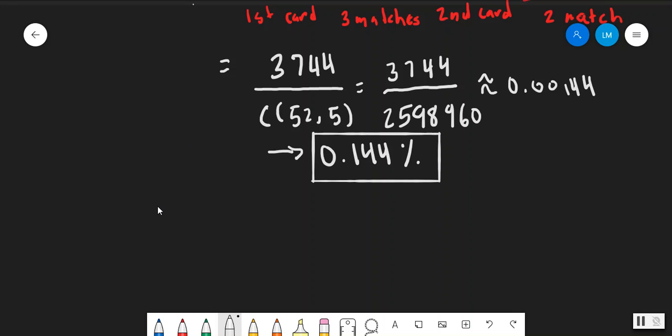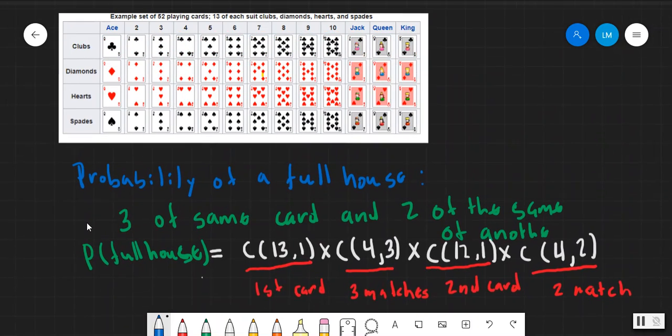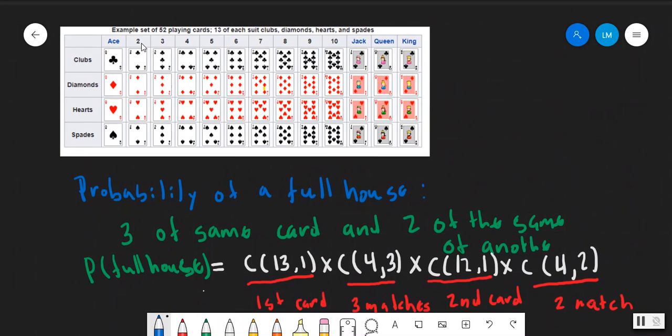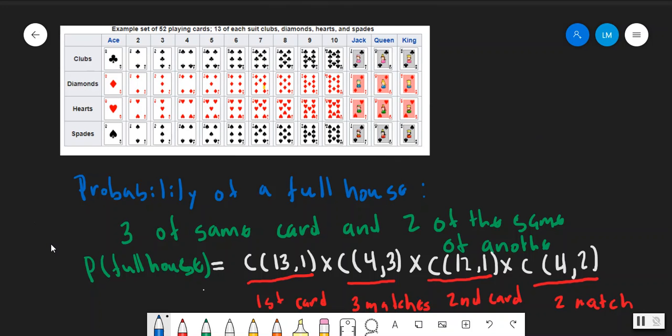Now, what if we were to do another example? Say we want to know the probability of two pairs. Now, keep in mind that we're playing a game of poker, hypothetically, and that if we want two pairs, we mean that we can have two twos and then anything else that doesn't match.